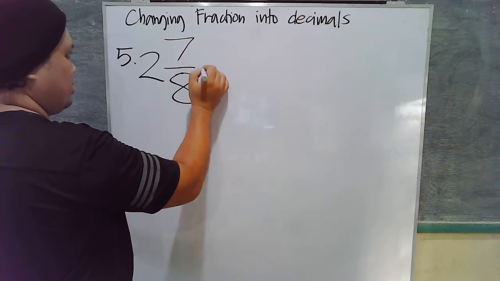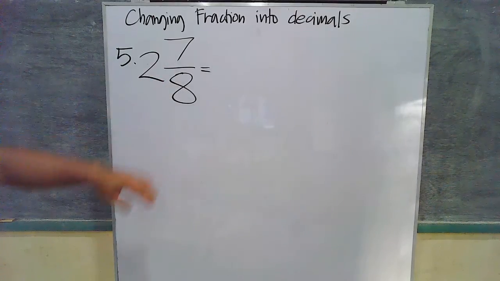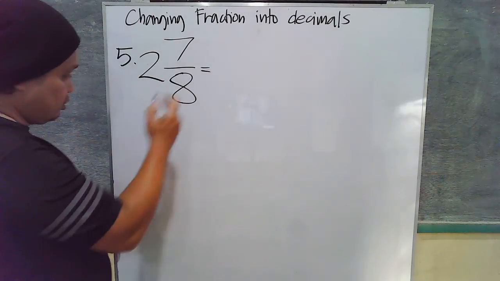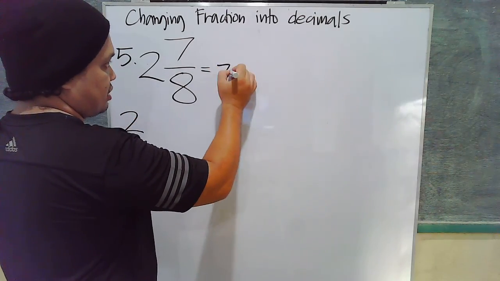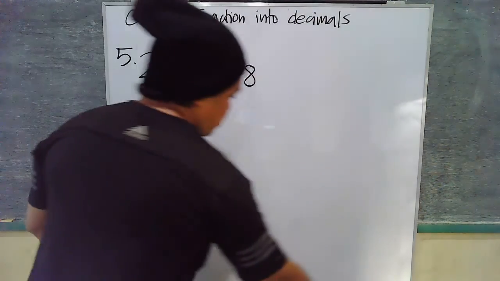We have a mixed number, 2 for the whole number, 7 over 8 for the fraction. Now let's set aside 2 first. 7 over 8 will be 7 divided by 8, to get the decimal number.